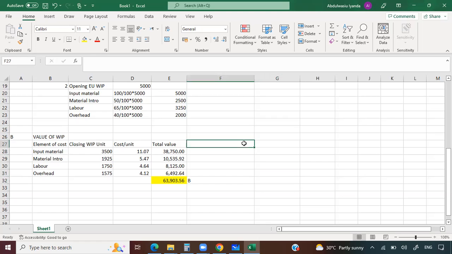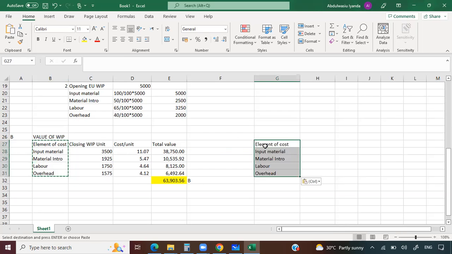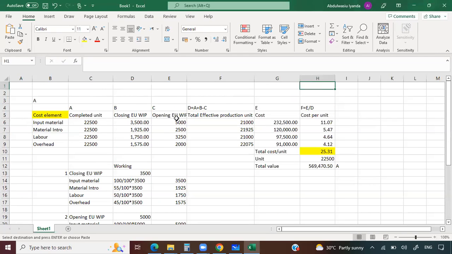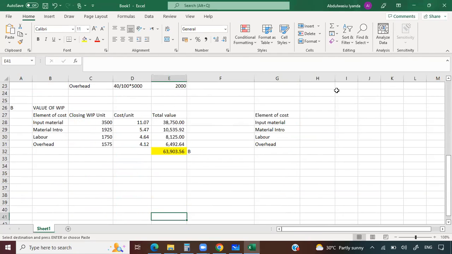Assuming it is the other way around, hold on. This is the element, then I'll bring it here. Then what are the opening? I'll bring the opening here as well. Then what is the cost?